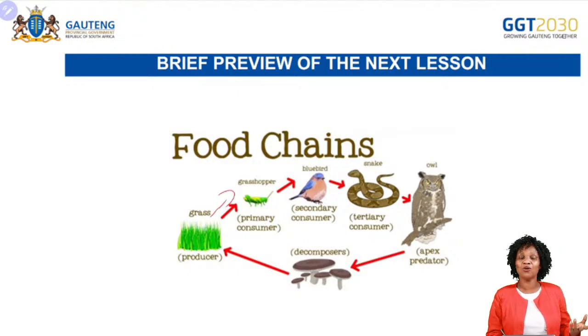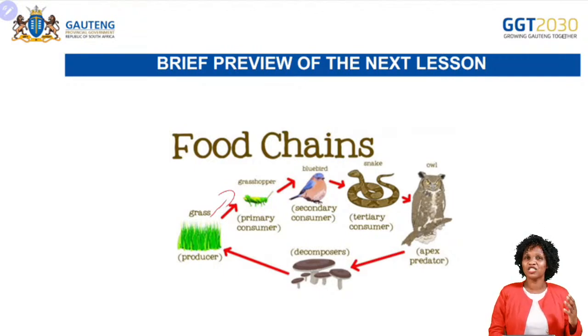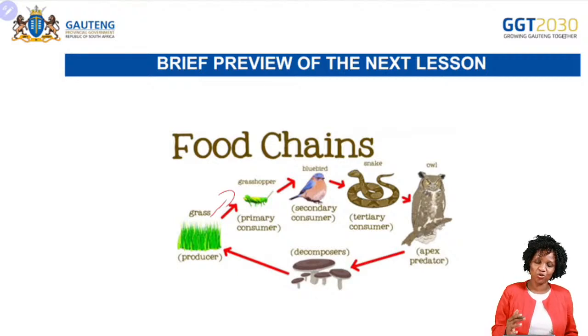And then when the owl is dead, there are decomposers which are going to break it down and release the nutrients back to the soil. And then the plants are going to grow in a fertile soil. You'll see that this is a cycle.